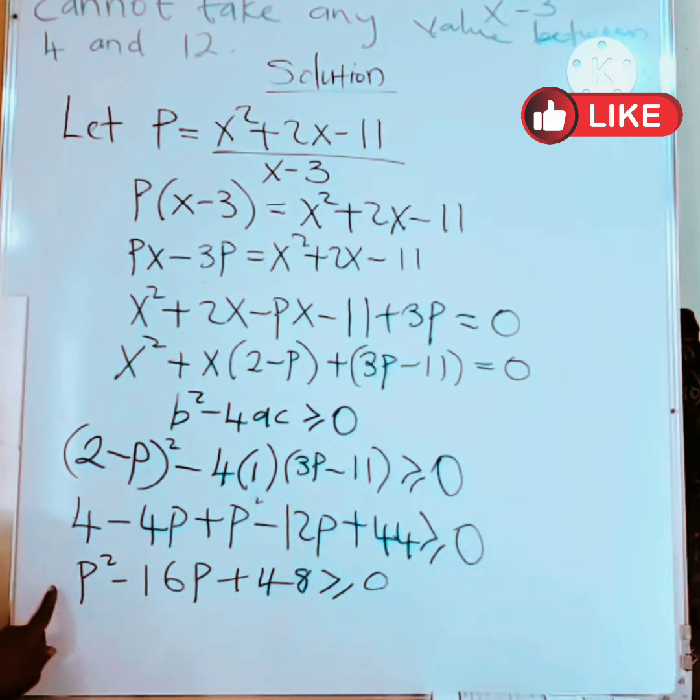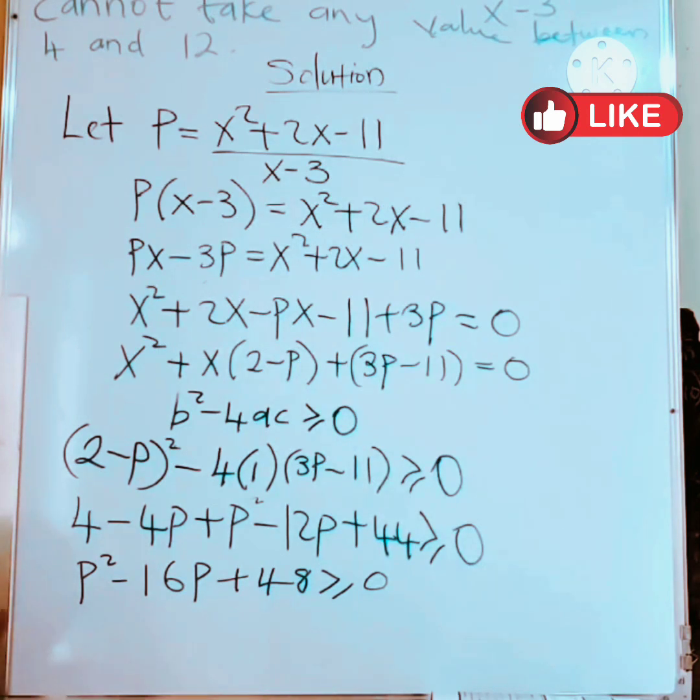We're going to solve this by the method of factorization because this is a quadratic. You can use factorization, completing the squares or the formula method. I have a video on my channel teaching how to solve quadratic equations using any of these methods, so you can do well to watch that video.